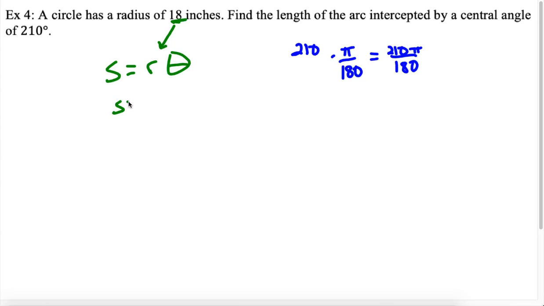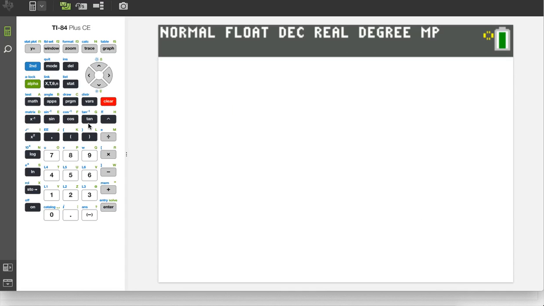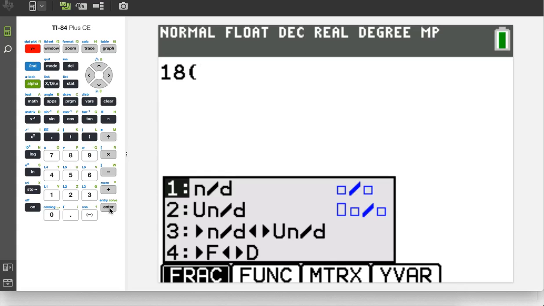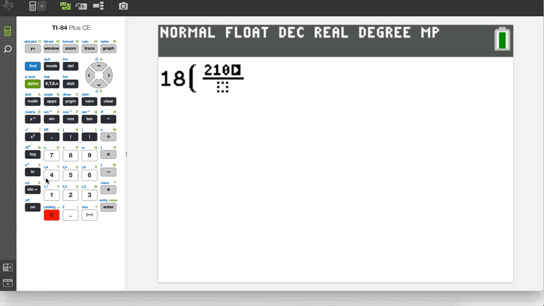So we can say this is 18 times 210 pi over 180, and we can just plug all of this into the calculator. All right, so let's go ahead and do that here. 18 times 210 pi over 180.